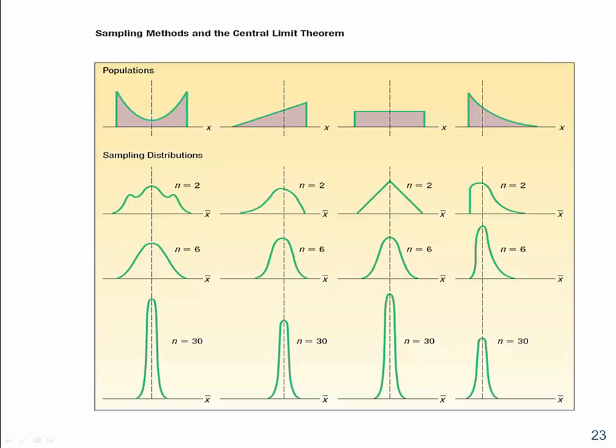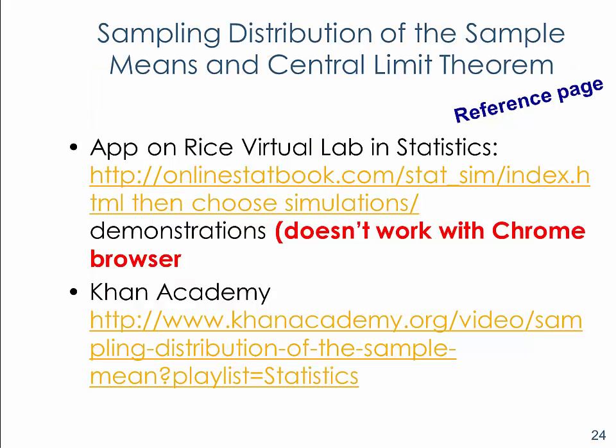On the next page, I'm going to show you a reference to an application and a video that should help you a little bit with understanding the Central Limit Theorem. The Rice Virtual Lab in Statistics here, if you click on this link, it'll take you to an application where you can change the population distribution, you can change the number of samples that you're going to do, and then animate it, and it'll do each of the samples that you want it to do and show you what it looks like on the sampling distribution of the sample means.